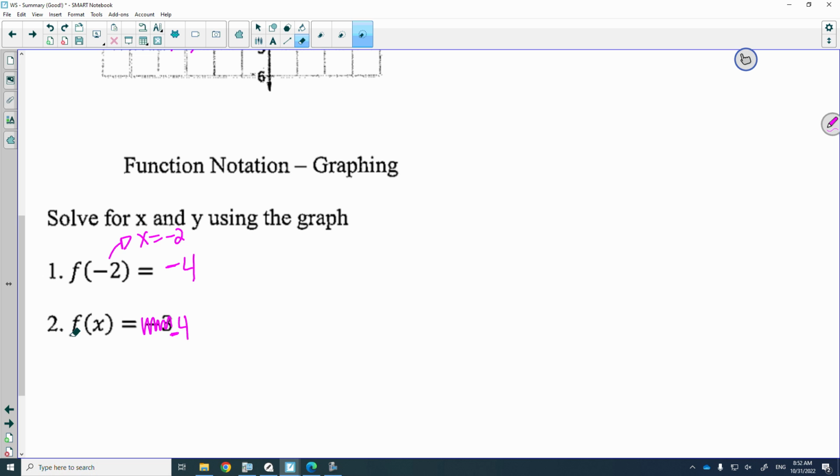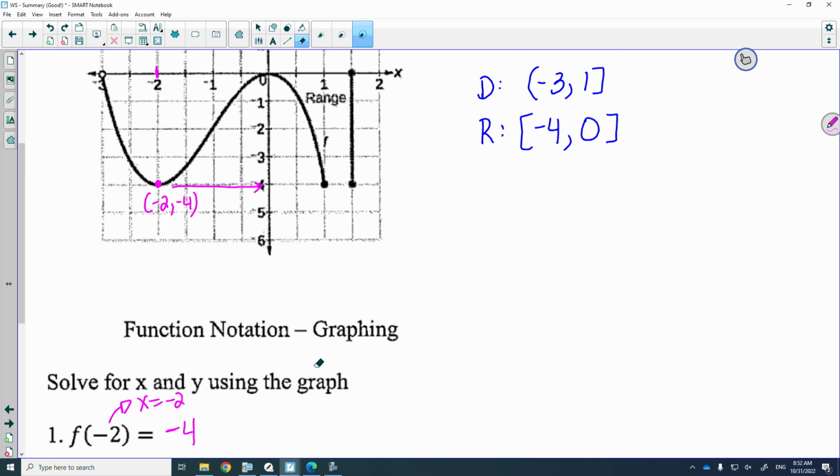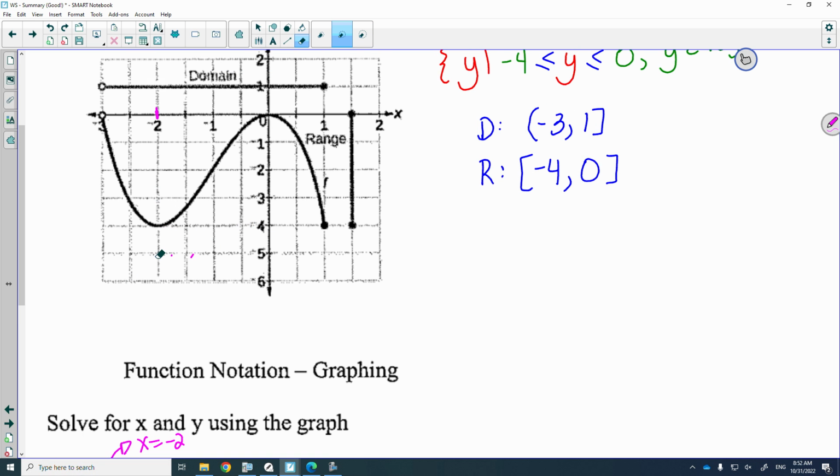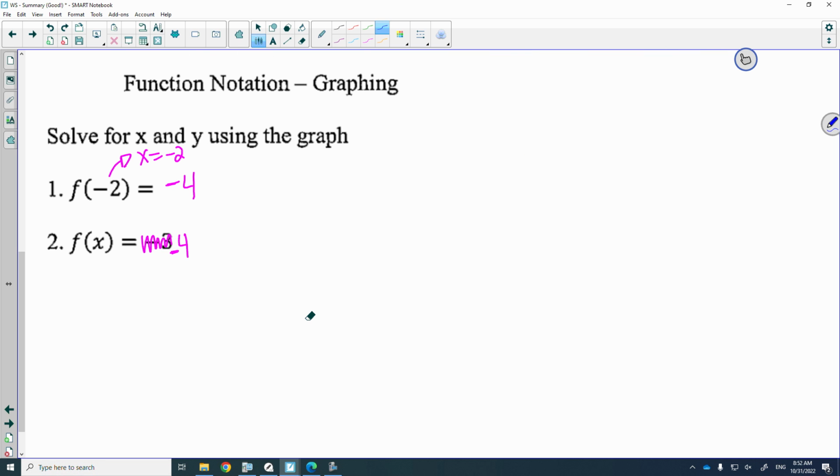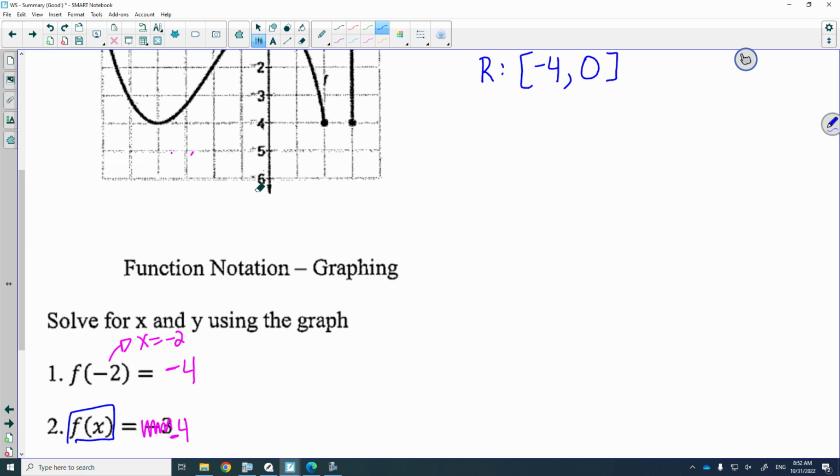Now this one, f of x is equal to negative 4. Sadie, what would you have as the answers for that? Negative 2 and 1. Yep. So that one's saying when y is equal to negative 4. Remember, f of x is y. So when y is equal to negative 4, what are the corresponding x values?